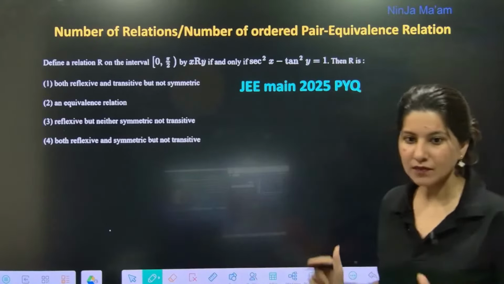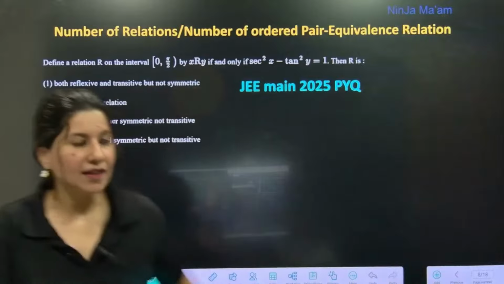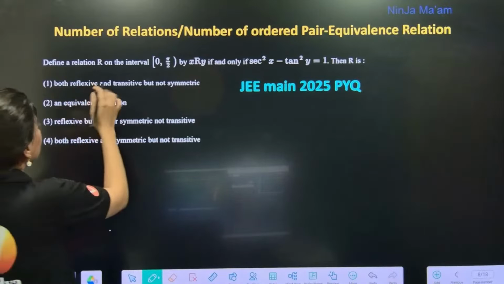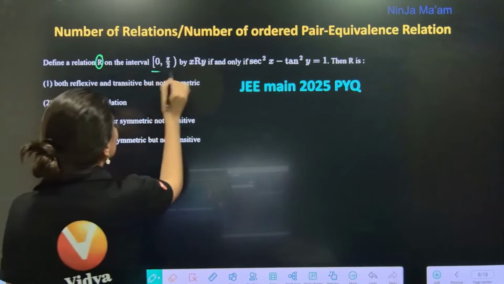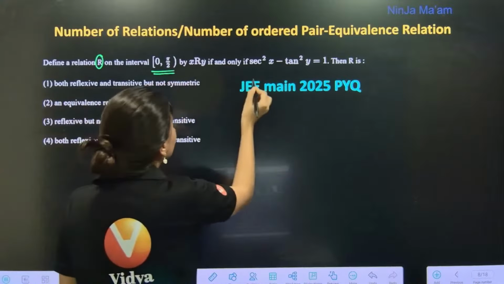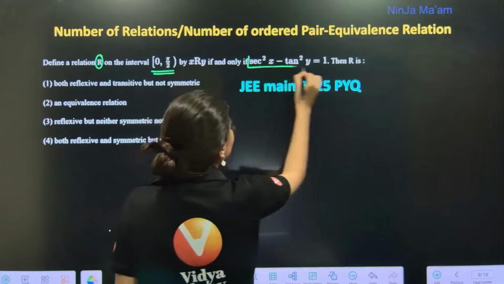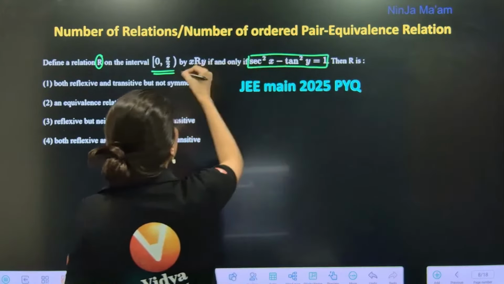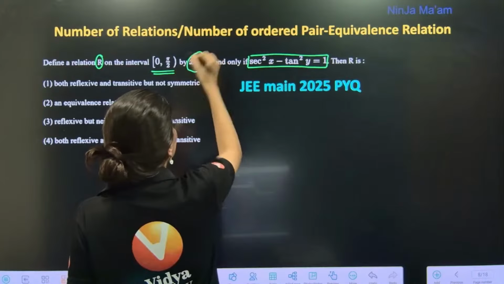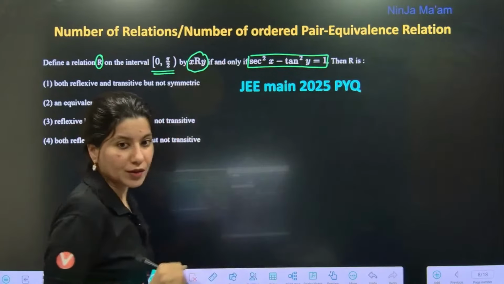So, define a relation R on the interval 0 to pi. If this relation is satisfied by your ordered pair, then your R is what?